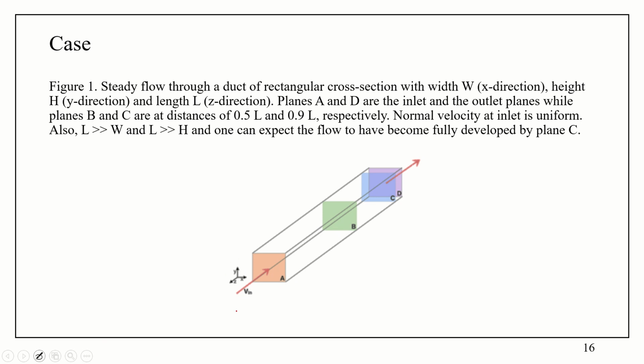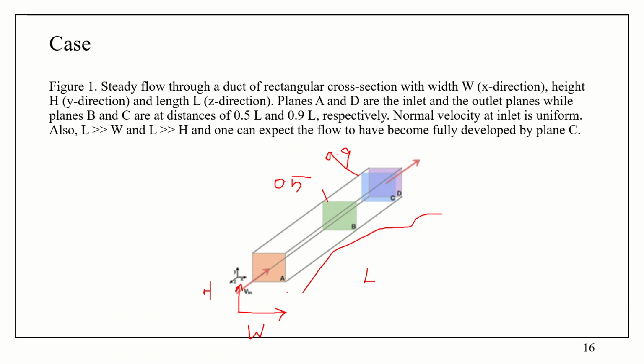So what is given? In this direction it is width, in this direction it is height, and in this direction it is L. Sorry for my line, but in this direction it is L, and till here it is 0.5 times L, that is exactly at the midpoint, and this is at 0.9 times L, closer to the outlet.